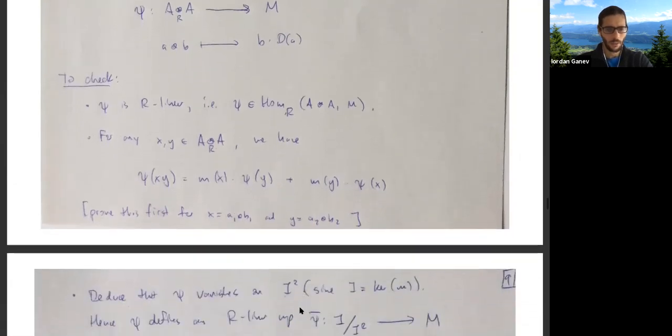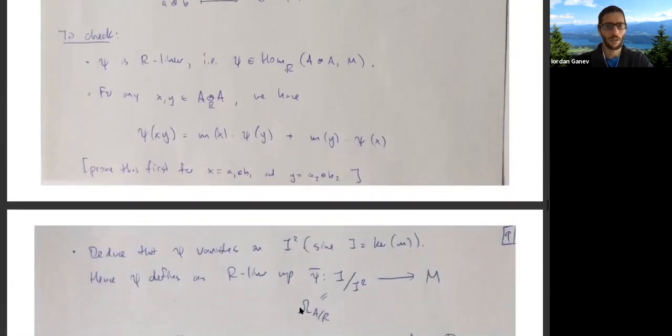Once we have that, we can deduce that psi vanishes on I squared. Why is that? Well, I is the kernel of m. So if we have something in I squared, let's say x and y are both in I, then xy is in I squared, and anything in I squared is of this form. When we apply this formula, we see that we have m of x appearing and m of y appearing, but since x and y are both in I, the kernel of m, both of these are 0, so the whole thing is 0.